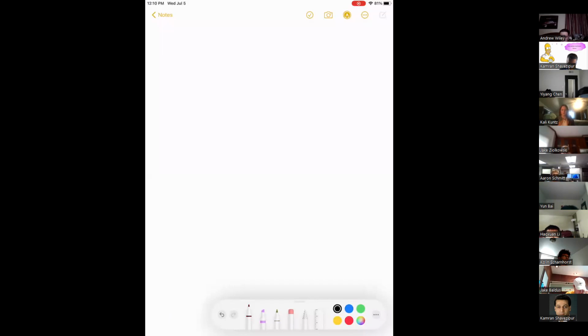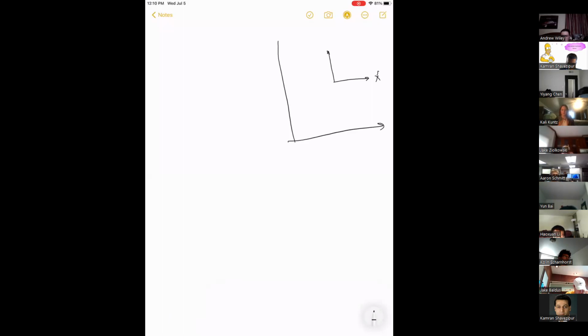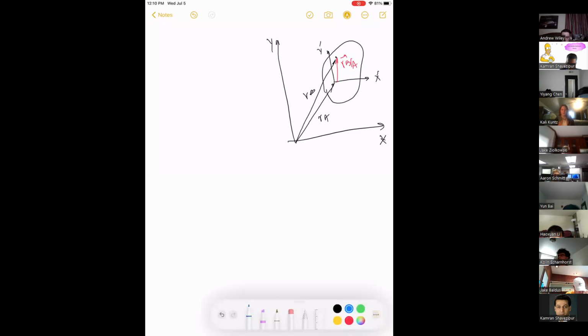So that was the coordinate system. And for the velocity, we got VB.